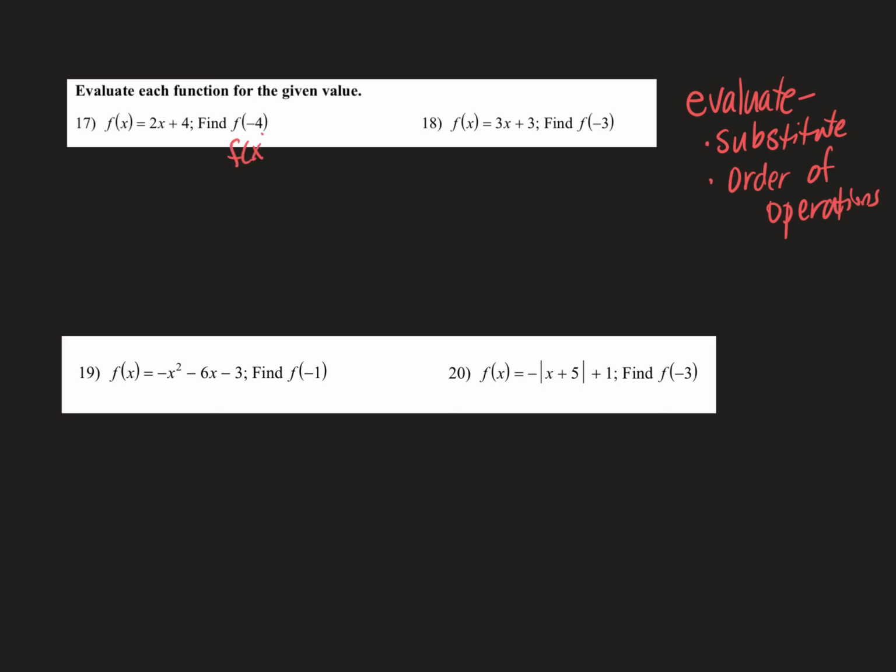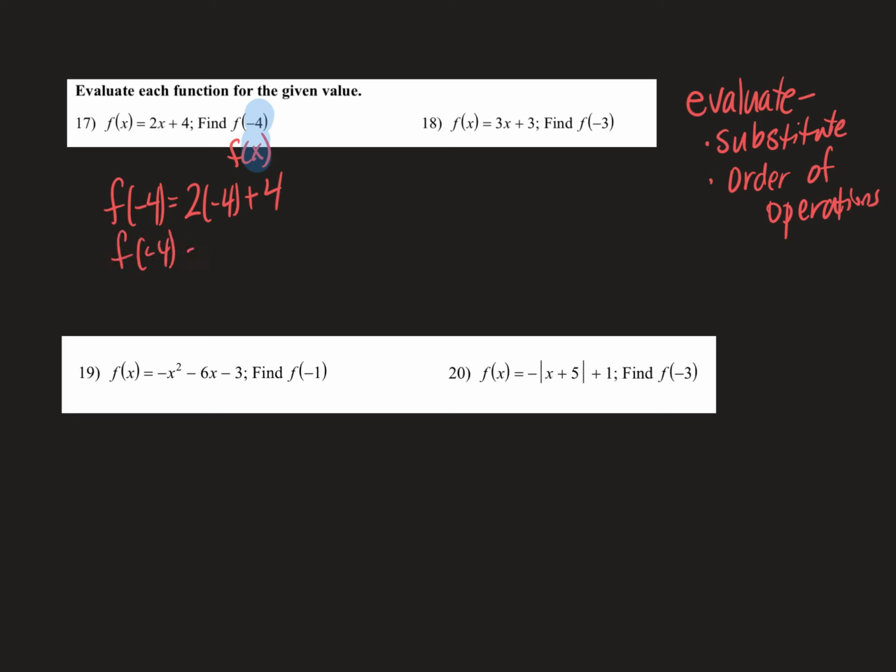F of x is our function, and hopefully you can see here that x is negative 4. So we're going to substitute negative 4 in for x. And then we're going to use order of operations.